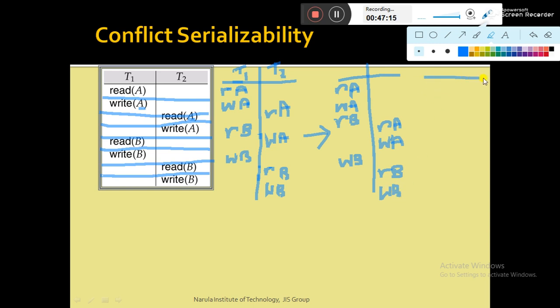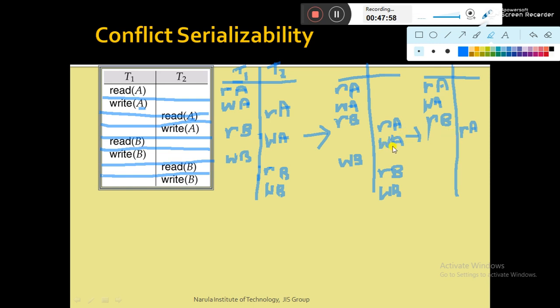Now next, again T1 T2, try to convert it. So read A will be as it is, write A will be as it is in the same time slot. Now write B, already swapped, will be there, read A will be there because already they are swapped, no need to change.